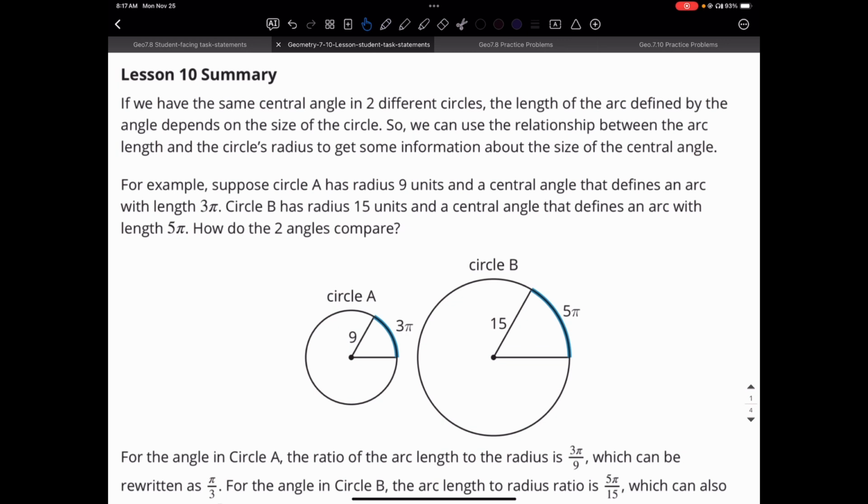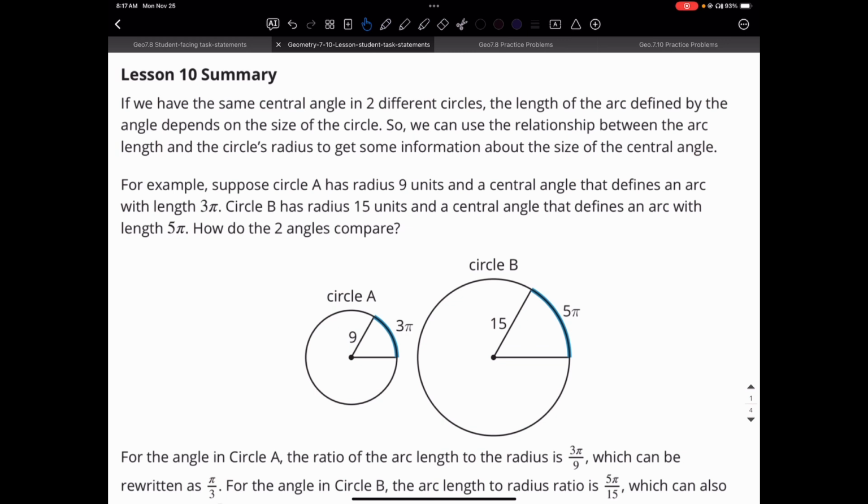So what we're dealing with here in this lesson is going to be dilations in circles, and not just the circles themselves, but their sector areas and arc lengths, right?